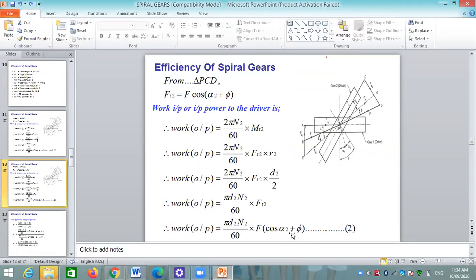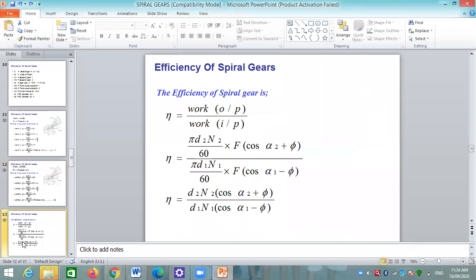If we take the output, because output is obtained at gear 2, output power is equal to pi into d2 into n2 divided by 60 into F into cos of alpha 2 plus phi. And therefore efficiency is equal to work output upon work input.